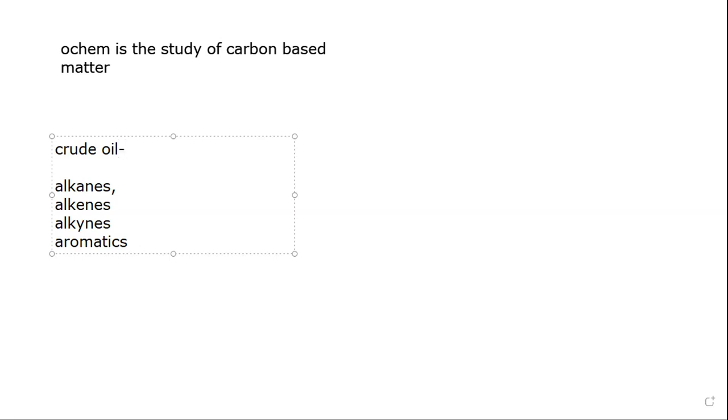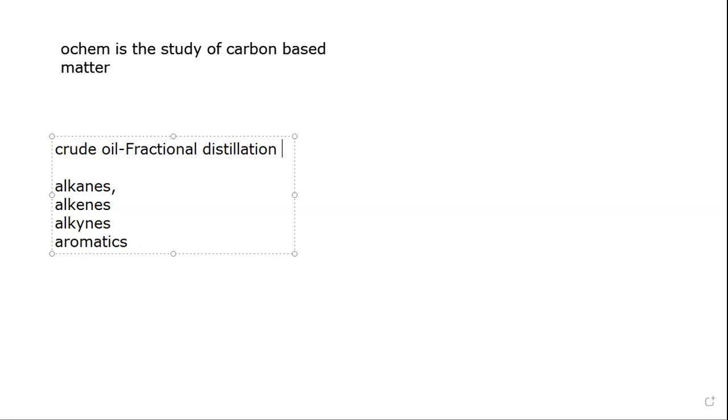And in a process called fractional distillation, we can get various compounds, or various alkanes, from crude oil.